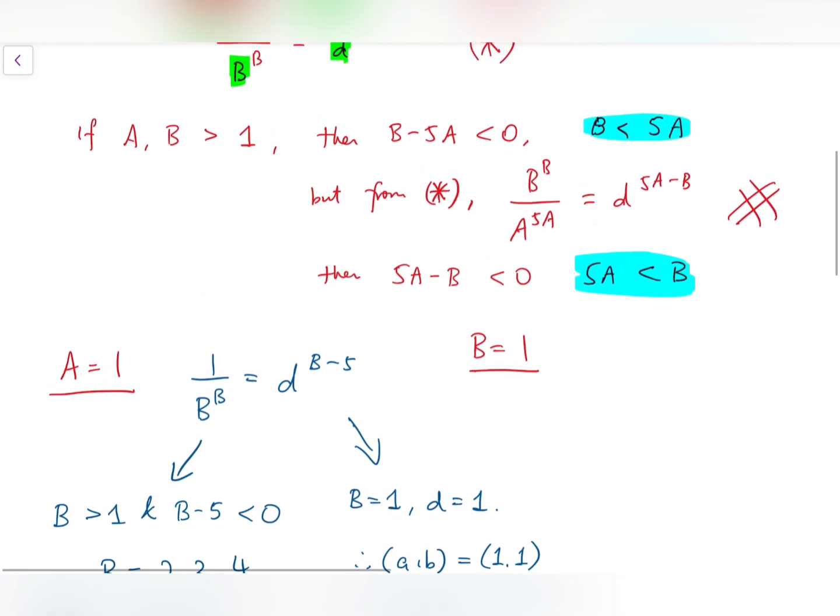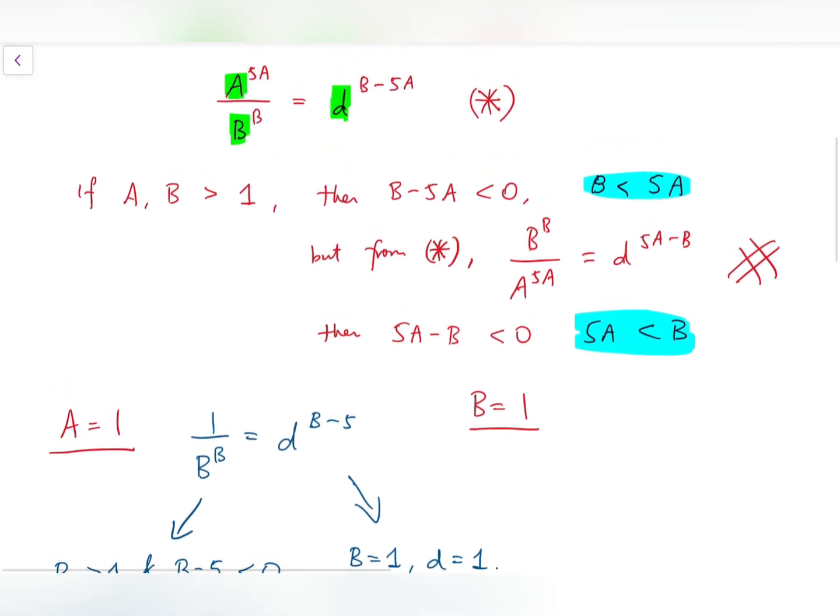As for the other case, when big B equals 1 instead, from our equation star, we can say big A to the power of 5A equals d to the power 1 minus 5A.